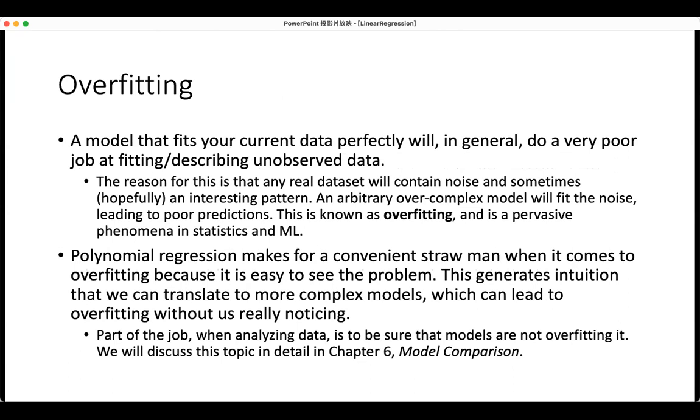In the real world, the data always comes with noise, and sometimes an interesting pattern. Our model should try to find the pattern from the data, not try to fit every point in the data set.